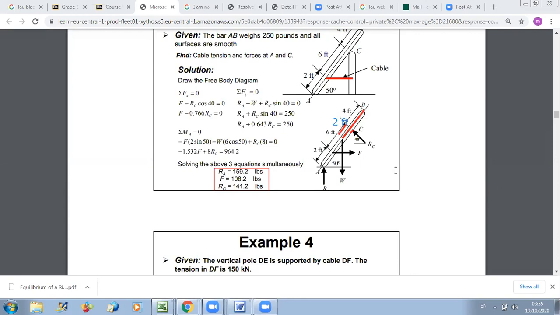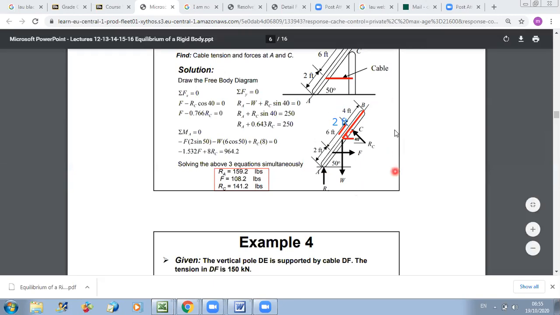And now, if you want to find the projected distance, it is this one. So now, for this distance, you should do 2 cosine 50, because this angle here is 50 degrees. So the distance between the weight and C is 2 cosine 50, okay? And the moment is in which direction? The moment is in the counterclockwise direction, so it's also positive.